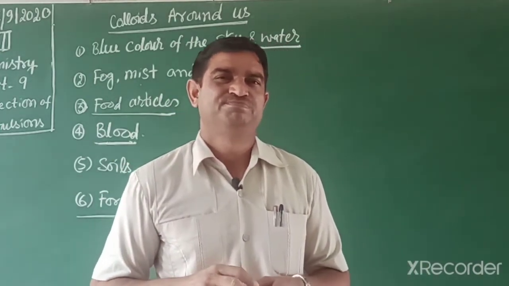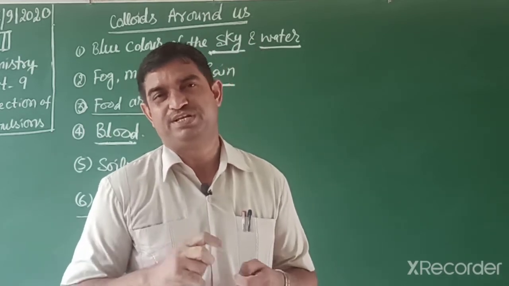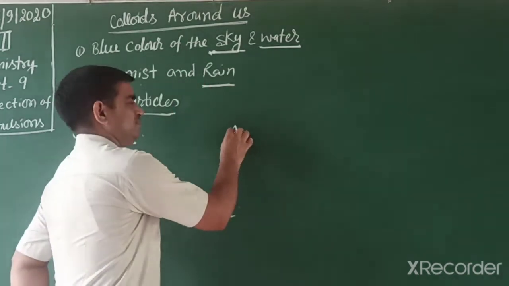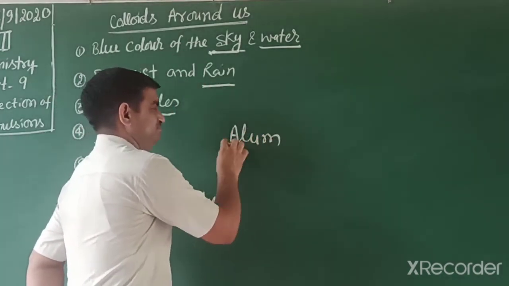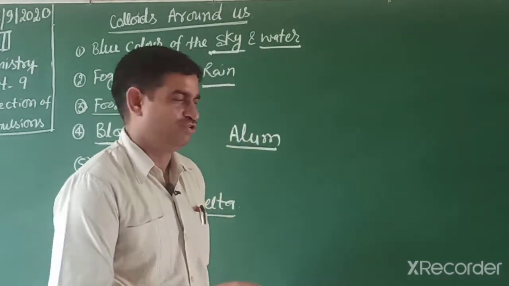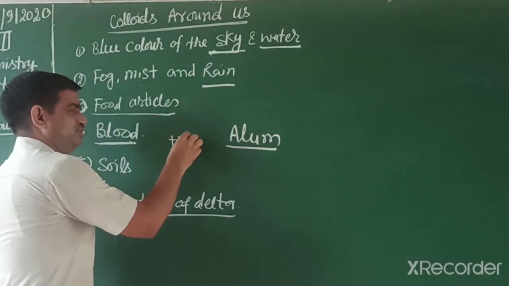Then the barber uses a chemical, that is alum or ferric chloride sol. What happens with that alum? We know alum is potassium sulfate, aluminum sulfate. Blood is a positive sol.